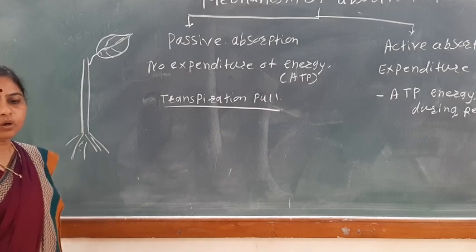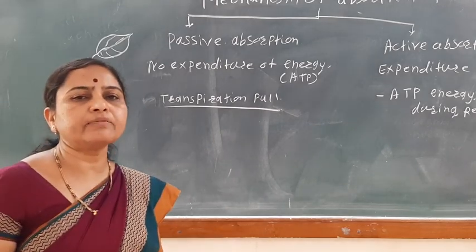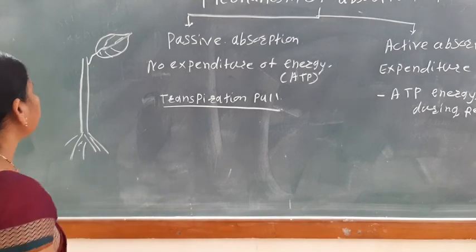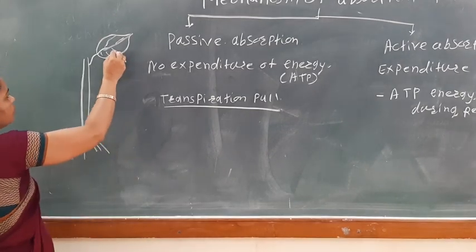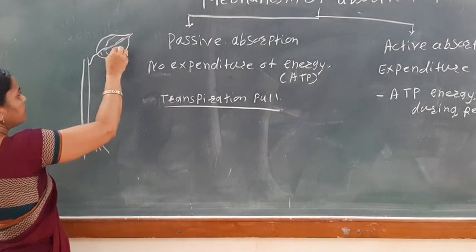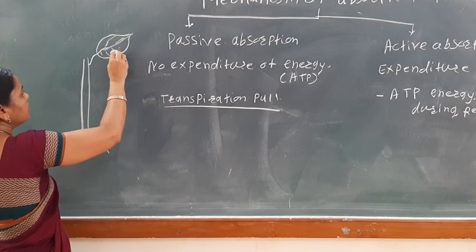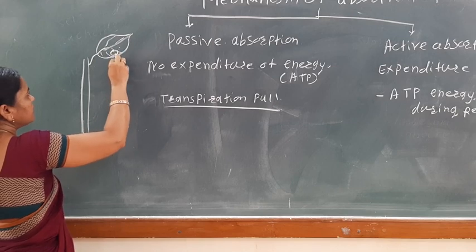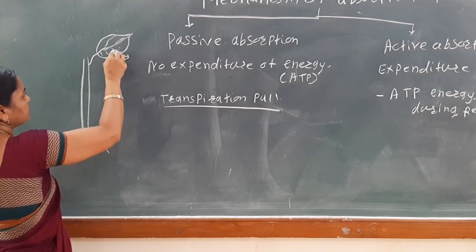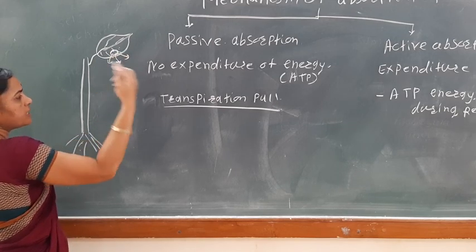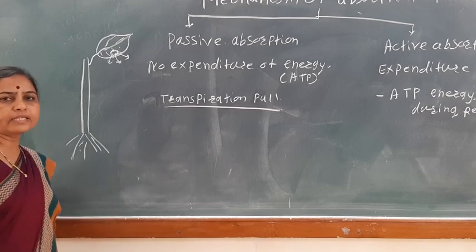So see how transpiration takes place and what is meant by the transpiration pull. Here is the leaf cell, and through this leaf cell there is the removal of water due to transpiration.